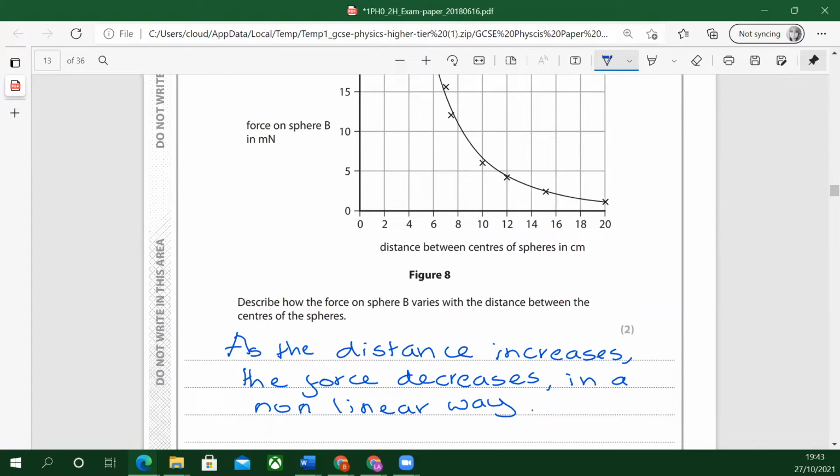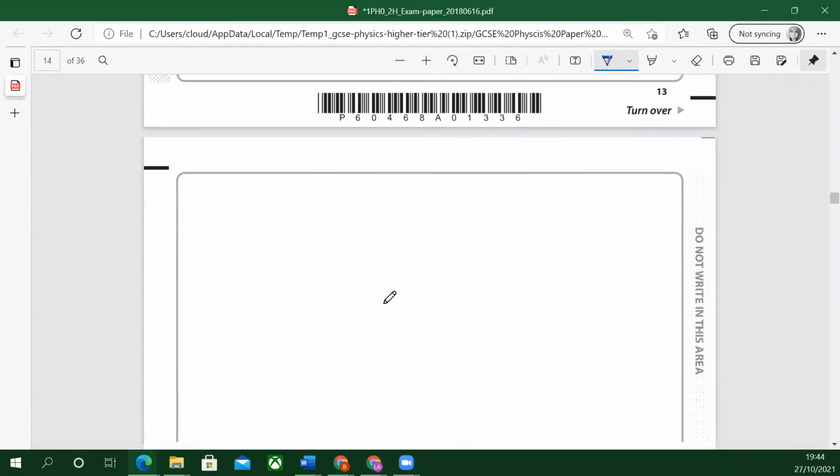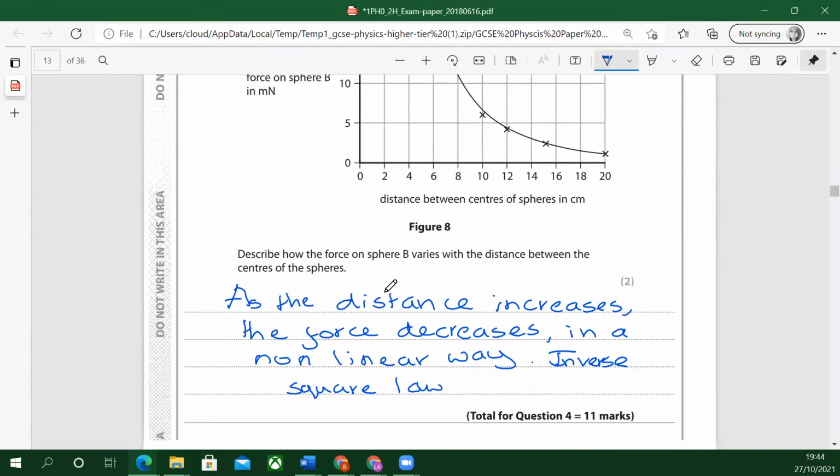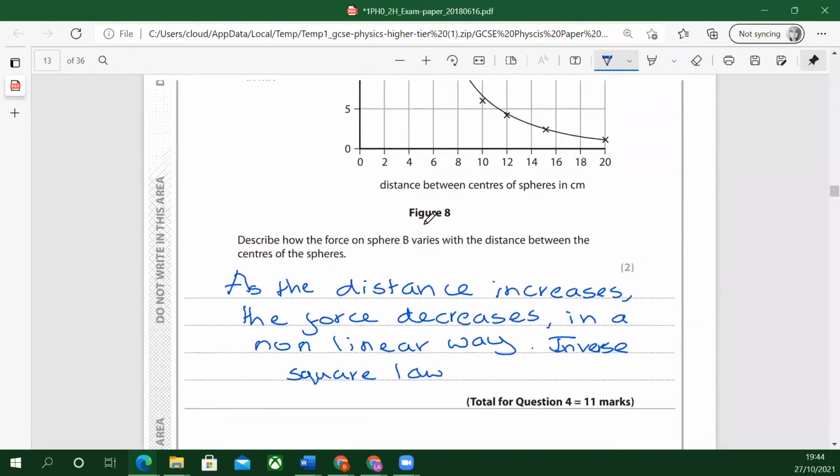So inversely proportional will be another one, but it's an inverse square law. Like gravity. Okay, like gravity, that one. Let's look at the next question. So yeah, it's non-linear because it's a curve.